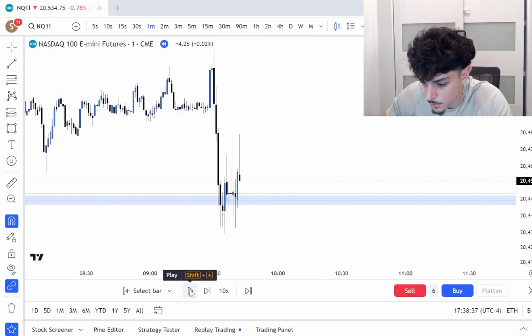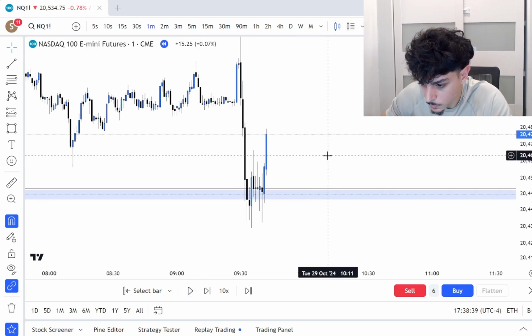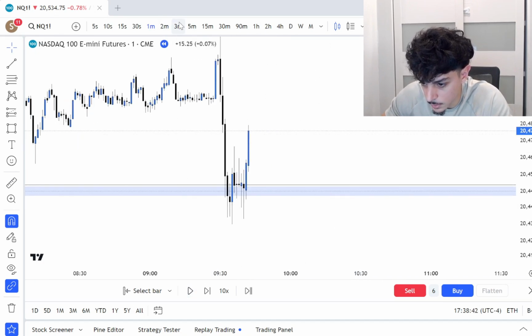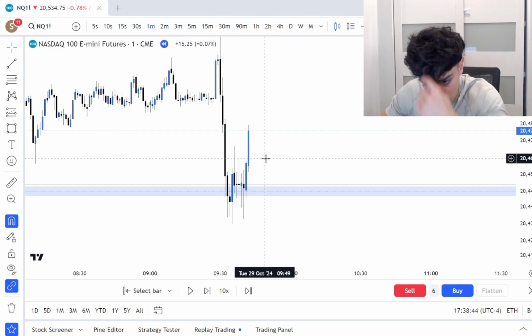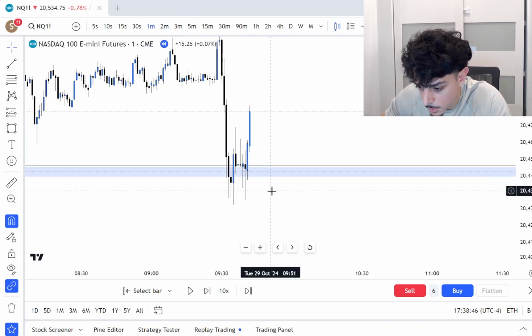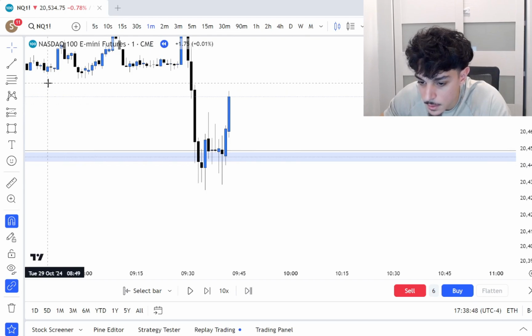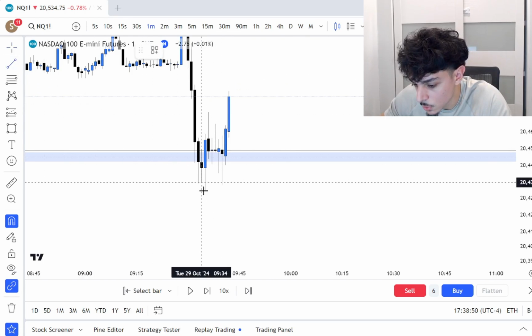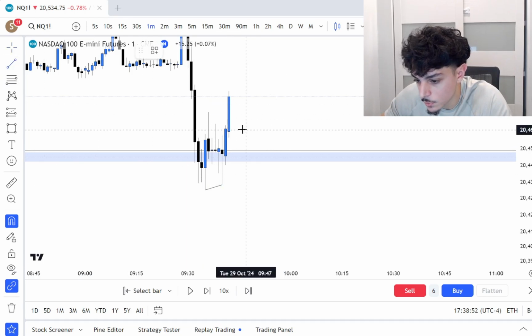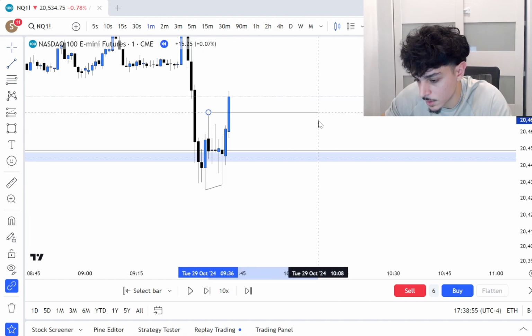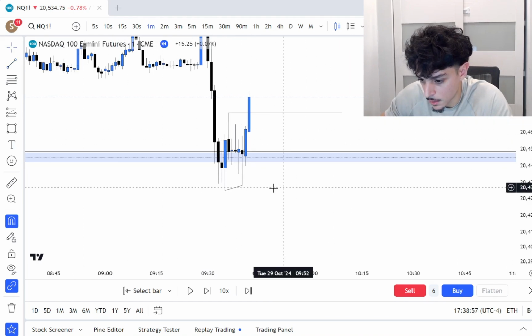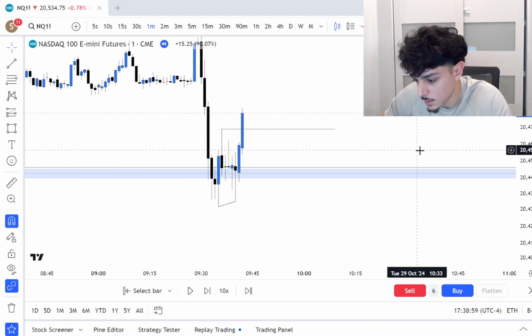As soon as we swept it, then I look at any sort of confirmation that we have a breaker. In that scenario, let's say if ES swept this low and had SMT, this would have become the breaker, so this would have been the entry. Okay, when you have SMT, an order block is a breaker.